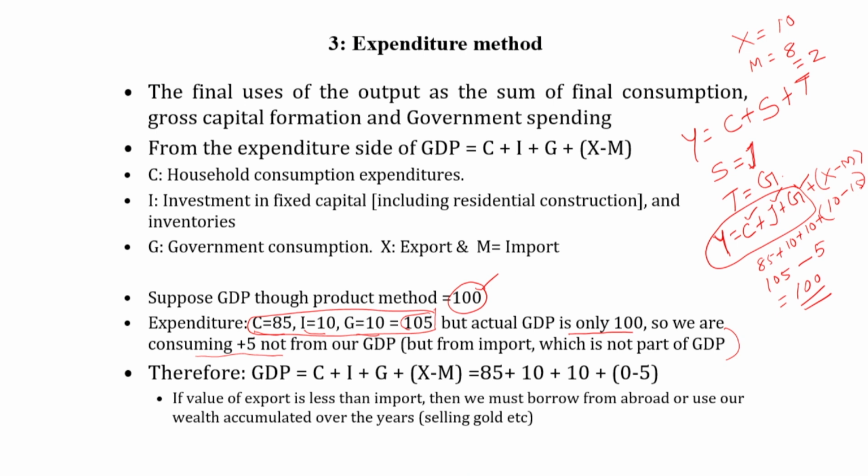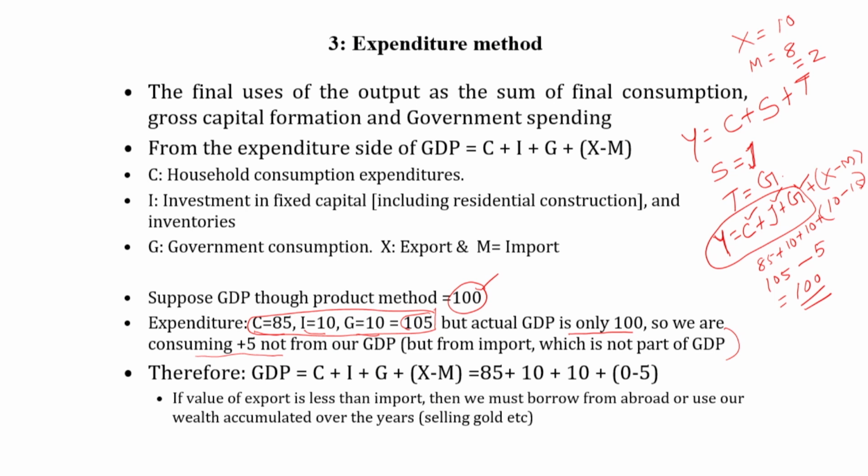To summarize this section, we focused on how we measure the performance of the overall economy using GDP. We began with the idea that GDP represents the total market value of newly produced final goods and services within the country during a specific period.